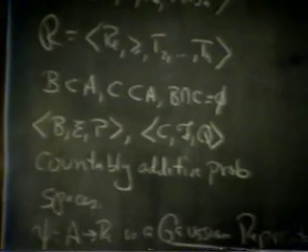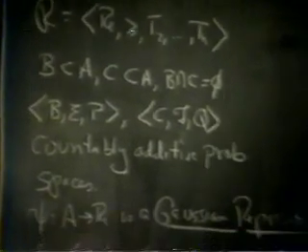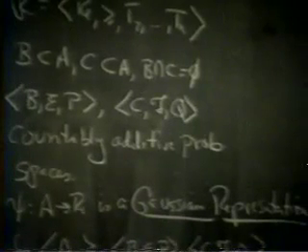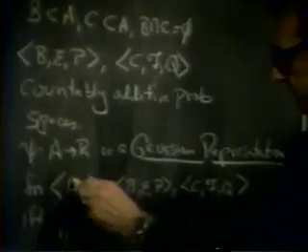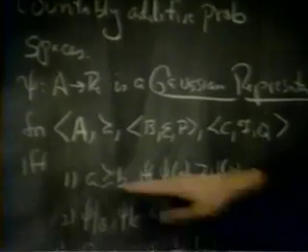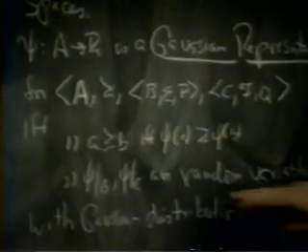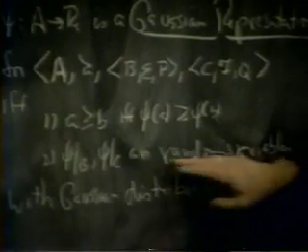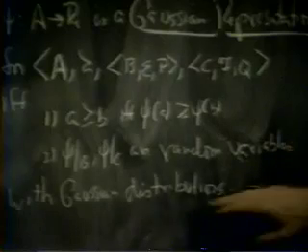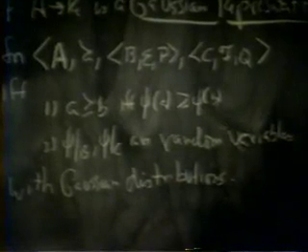Now, we'll say that a function from A into the reals is a Gaussian representation for the structure composed of the set A, its ordering, and the two probability spaces, provided it's order preserving, and provided the restriction of that function to B and C, respectively, are random variables that have Gaussian distributions.